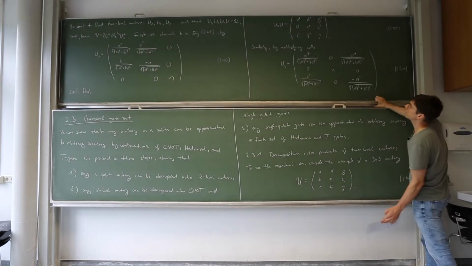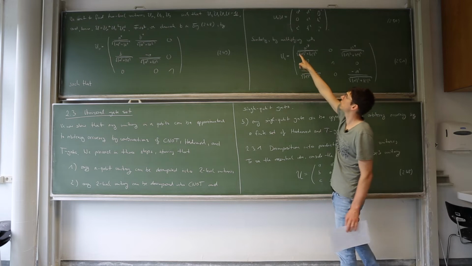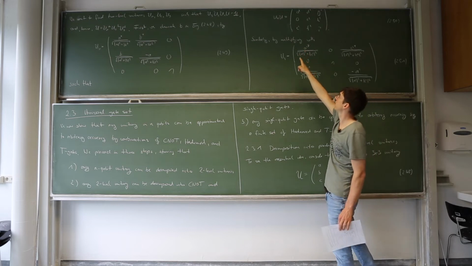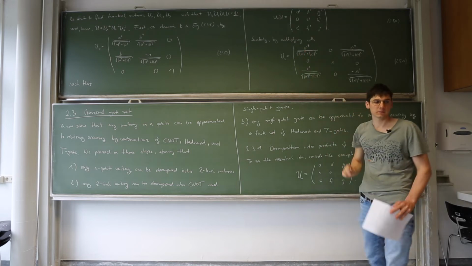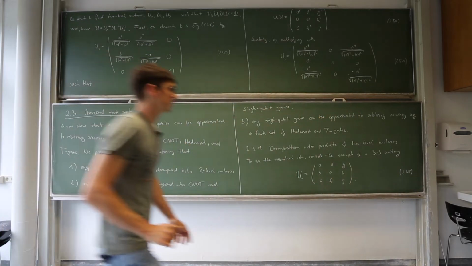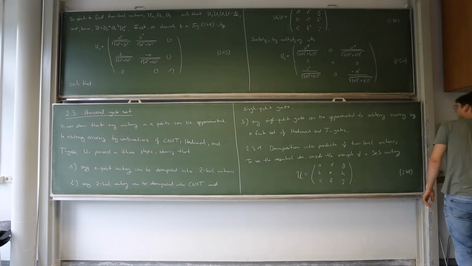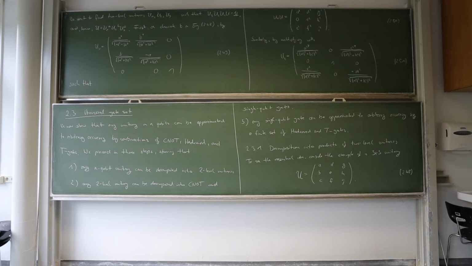So if we multiply now u2 from the left on u1 times u, then we eliminate C prime. I think you can do this without any calculations to see that this is indeed true, because you only have to calculate one element of the matrix multiplication.